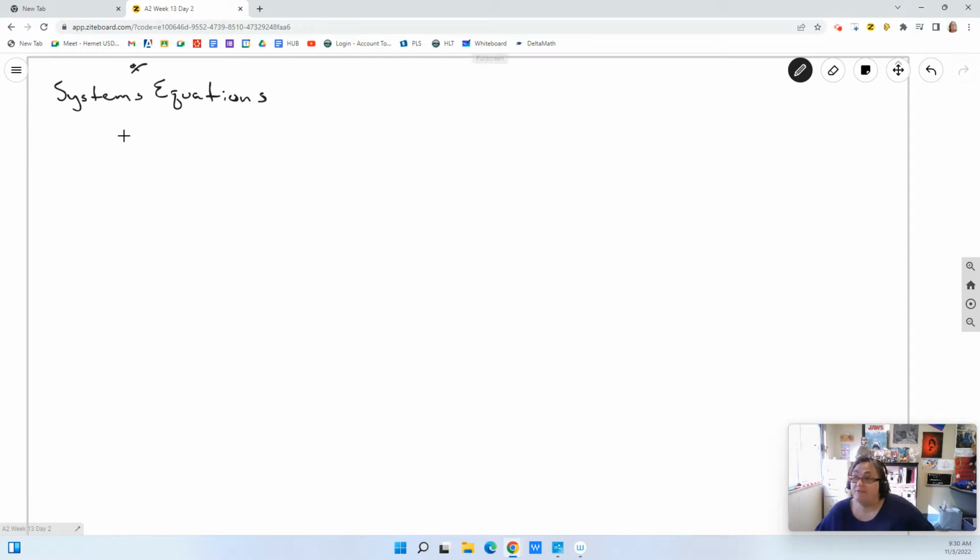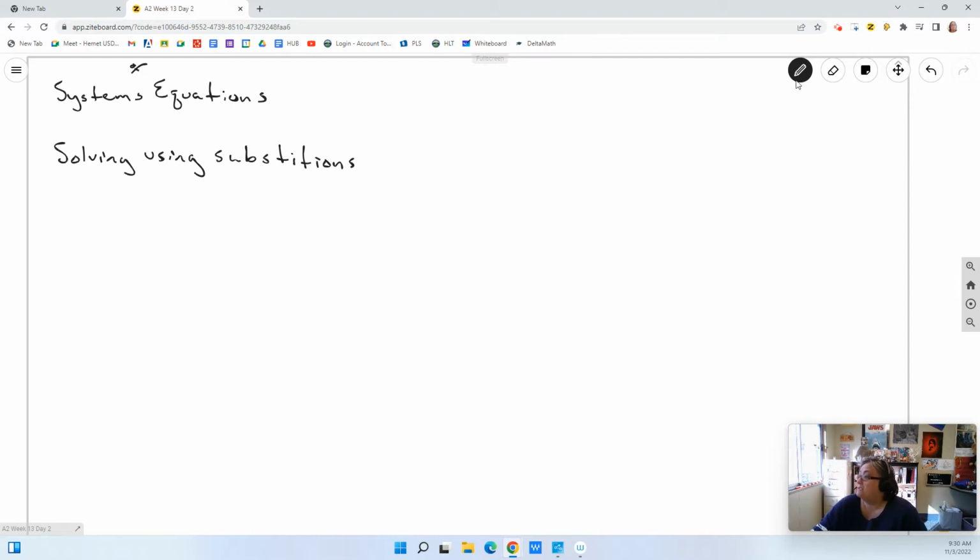And today we're specifically talking about solving using substitution. We will move into things like elimination and other methods as we move on, but today is just the basics, and that is substitution.